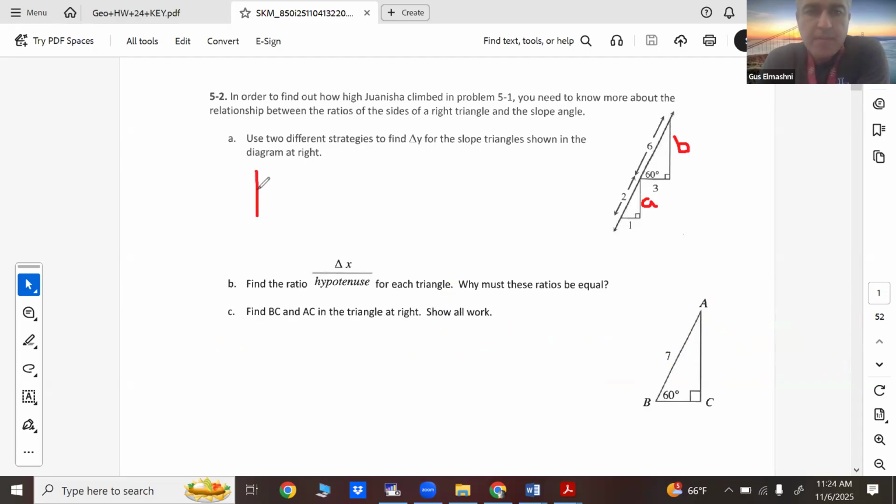Okay. You guys should be pretty comfortable solving for these letters. So what famous relationship or theorem would I use to solve for each of these letters?